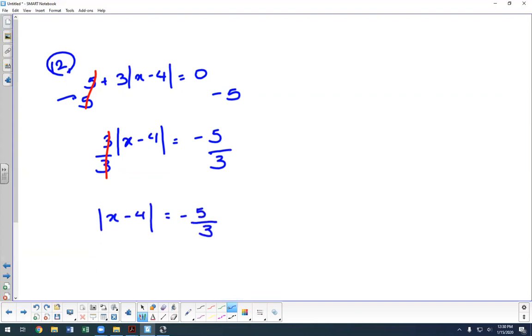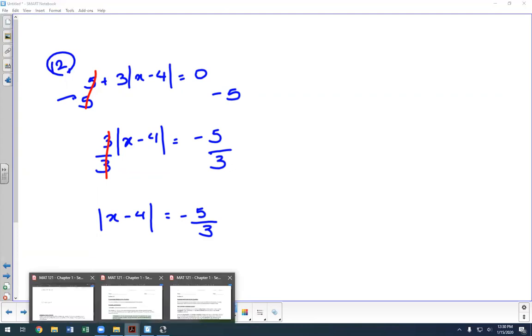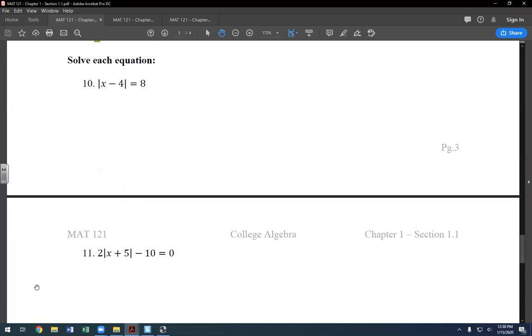Okay, so think about this. Absolute value is a distance from 0. What kind of distance will give you negative 5 over 3? What distance is negative 5/3? Can distance be negative? No. Distance cannot be negative, and this is what you guys really need to remember.